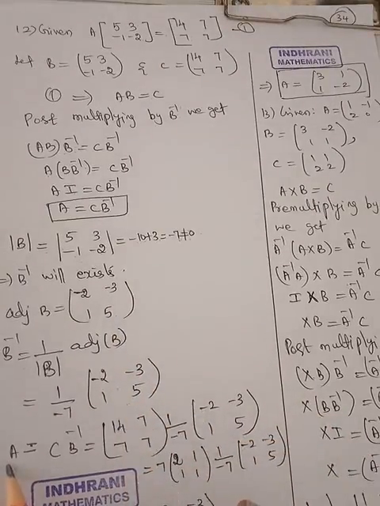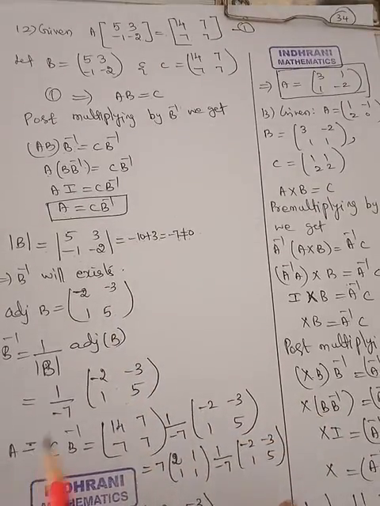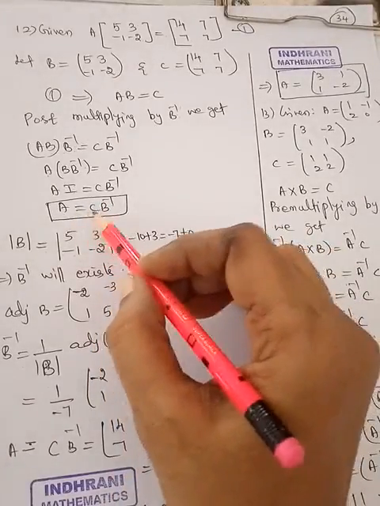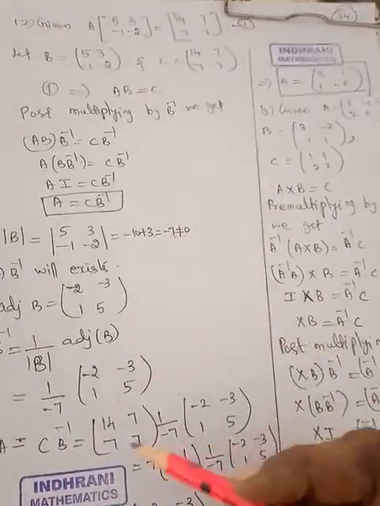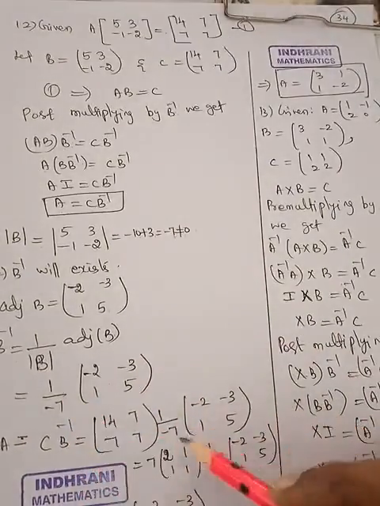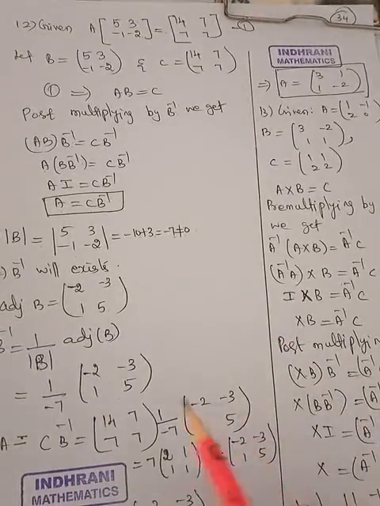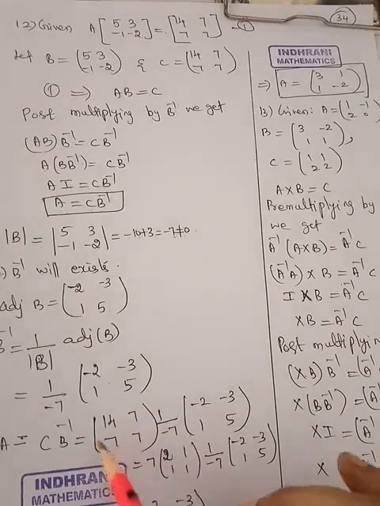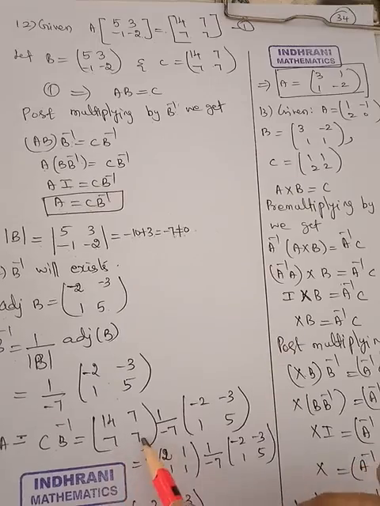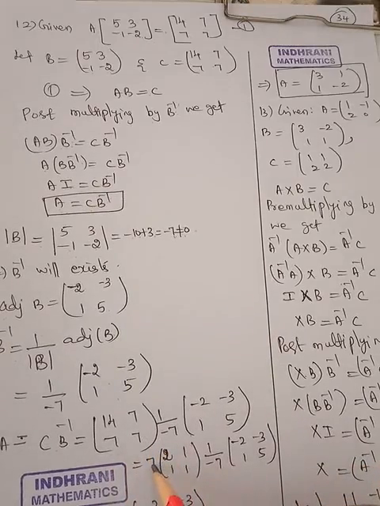So, now we want to find A. We already calculated A equal to C into B inverse. That is the matrix C, and write B inverse, substitute it. Now, in this first matrix, all the elements are multiples of 7, so I can take 7 outside.